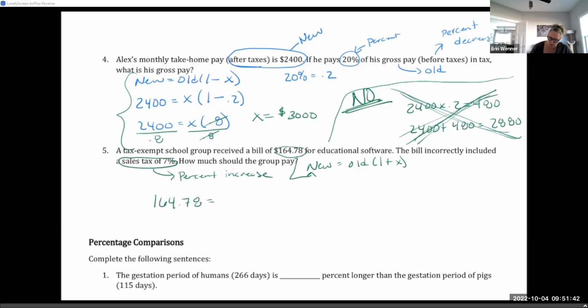We don't know what the original amount was, but we do know that they were charged 7% sales tax when they were not supposed to be. So again, 7% is 0.07 as a decimal. So in these formulas, you're always going to be putting your percentage number in as a decimal number. So we will combine like terms.